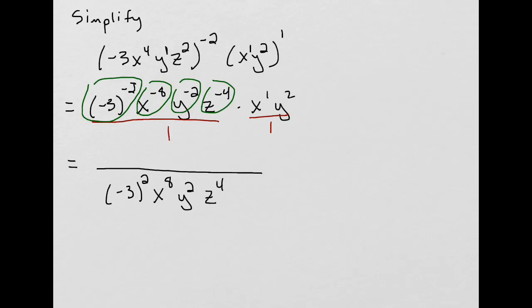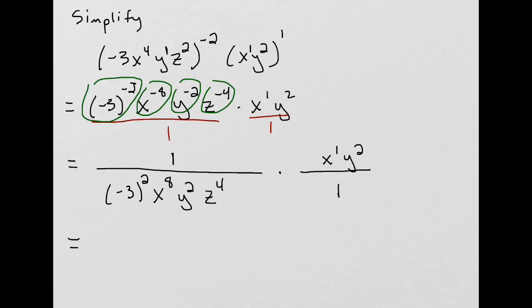Okay, what's left on the top? Well, it turns out that it's just a 1. Then multiplied by the second fraction, which again doesn't change because both of those exponents were already positive. So I'm going to leave those two guys right where they are. So I've got x to the first, y to the second, over 1.